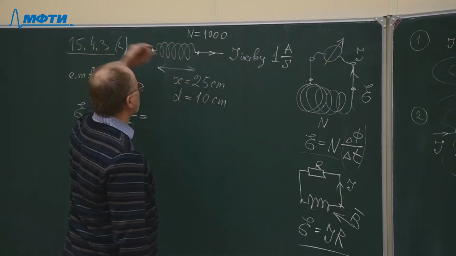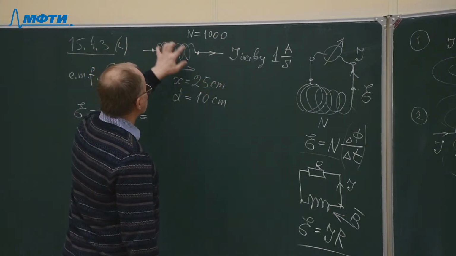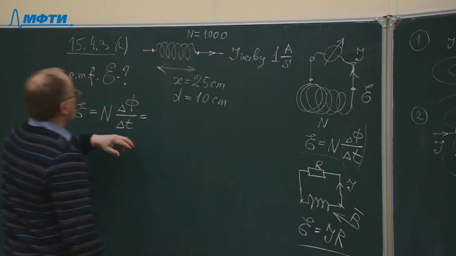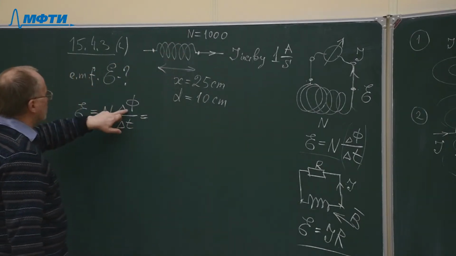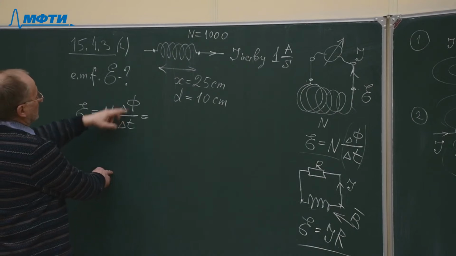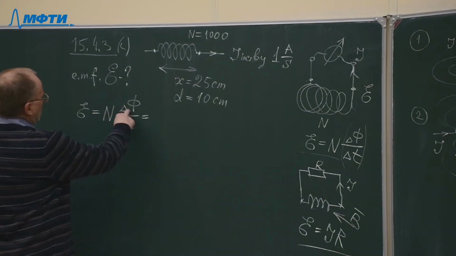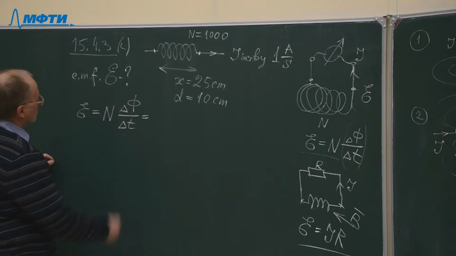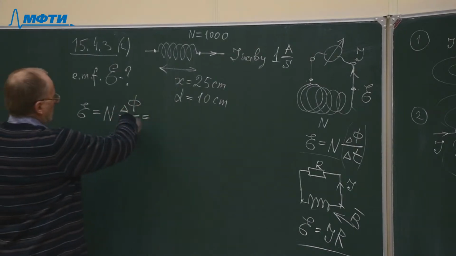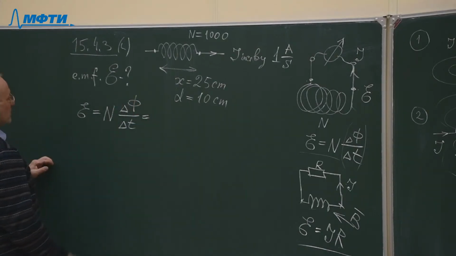If the current is becoming larger and larger, then the magnetic field here is increasing, and therefore the magnetic flux is increasing with time, and there is a non-zero value of this expression.